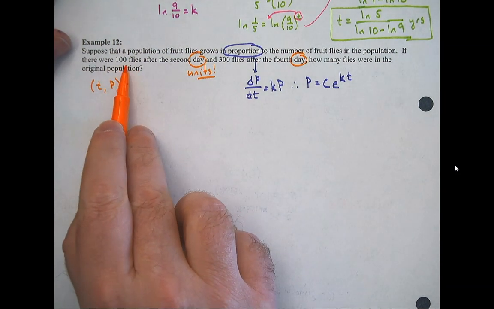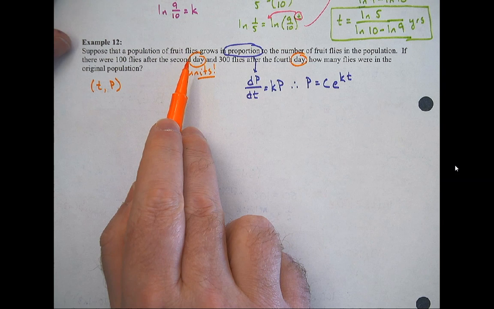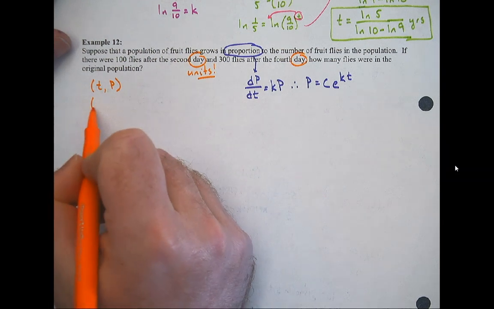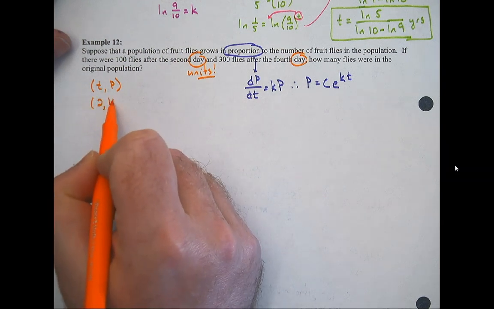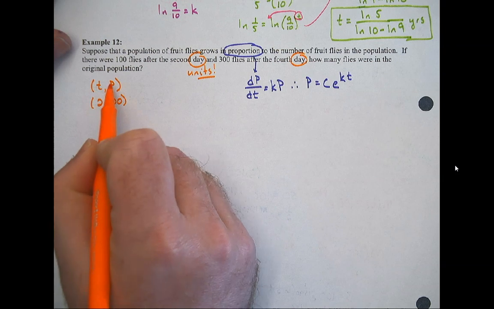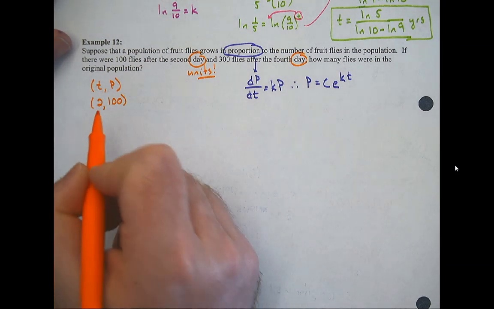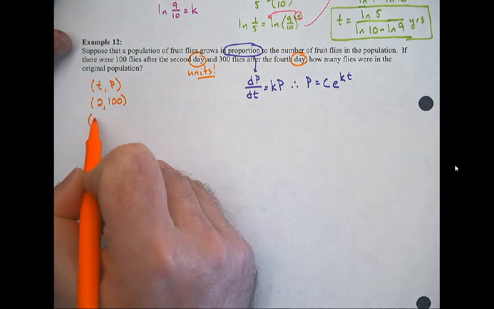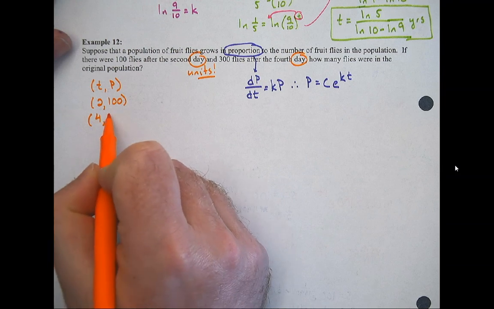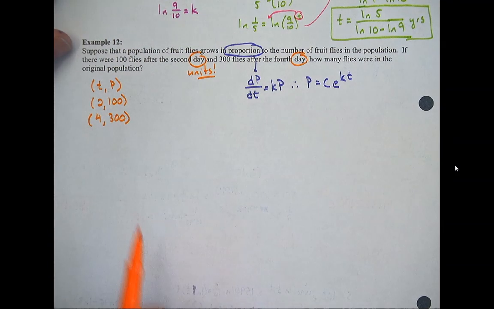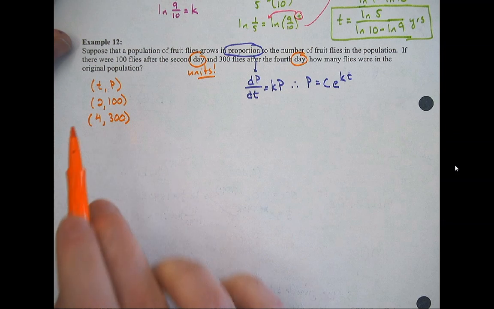So there's 100 flies after 2 days. So one of my points is (2, 100). 2 days turns into 100 flies. And then my other point is at 4 days, there are 300 flies. That's not how they're changing at that spot. That's how many there actually were.